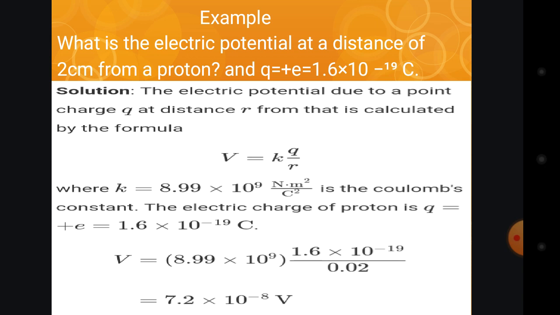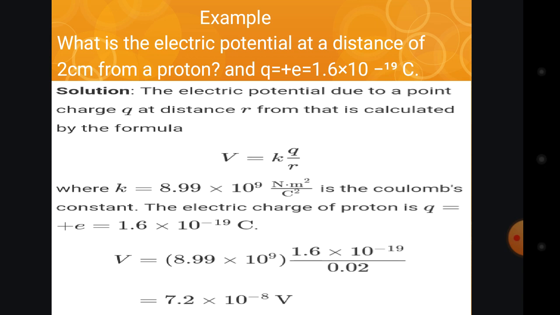The radius is 2 centimeters, and if we have a value in centimeters, we have to convert it into meters. It's simple, we just divide it by 100.